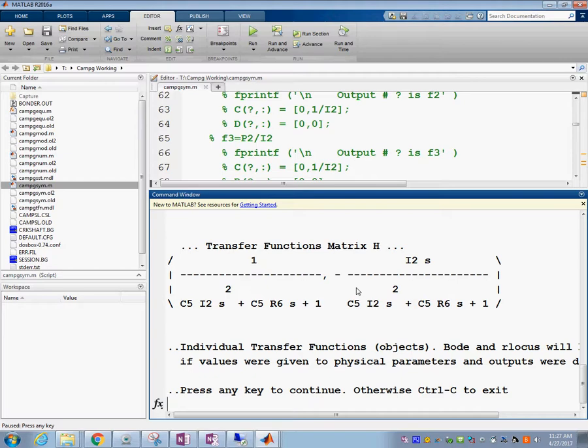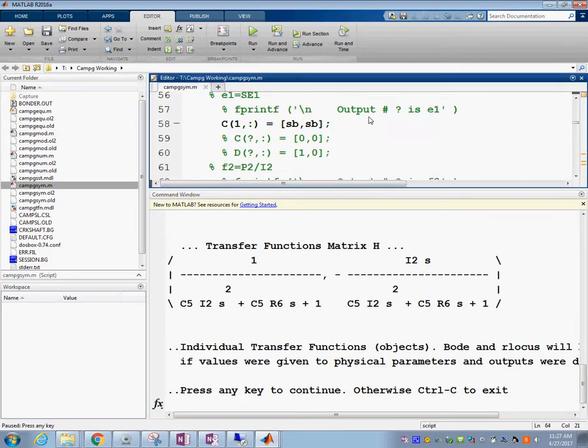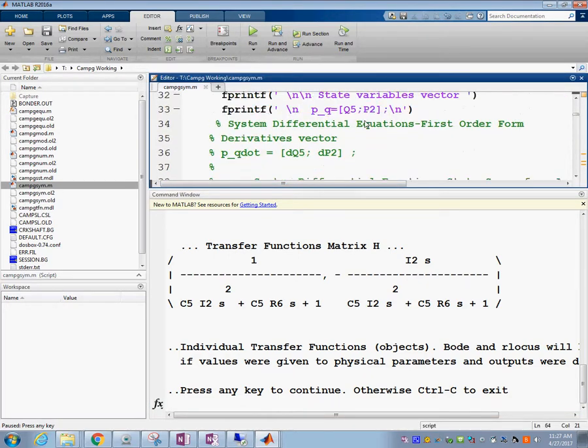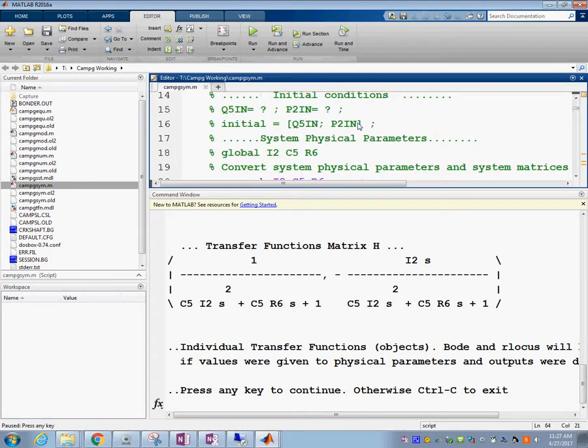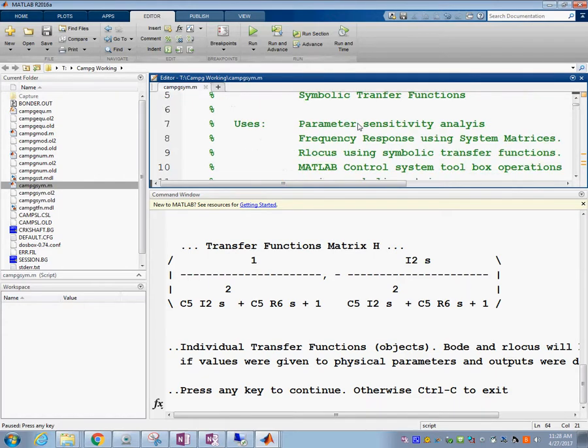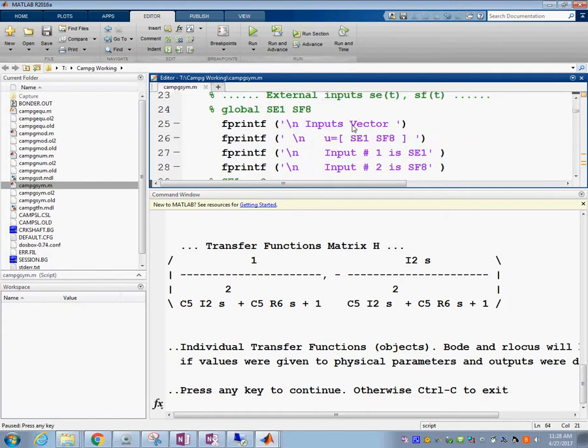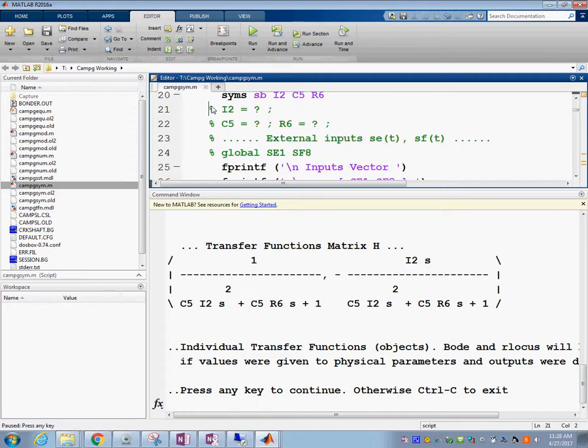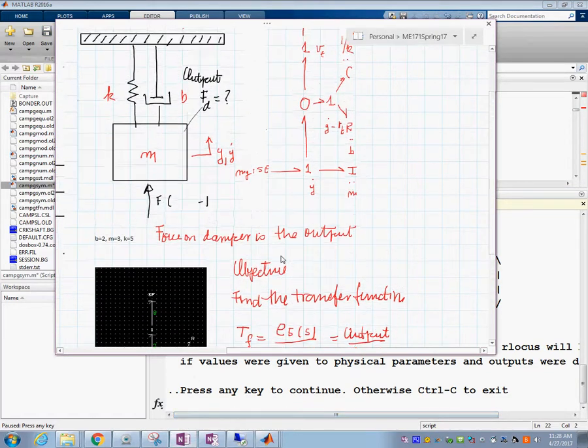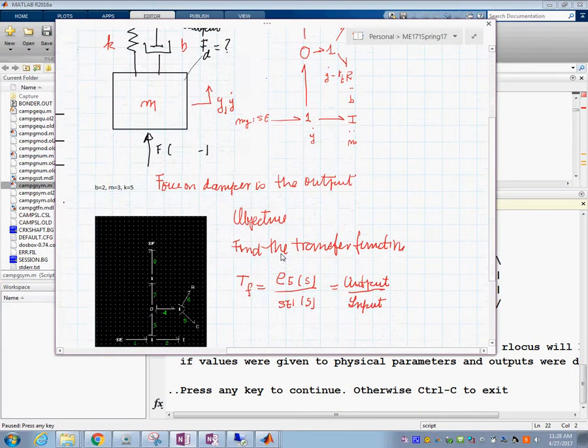So like in here we can put the numbers. What numbers did I put in here? The ones that they gave us. So here the values of those numbers were right here.